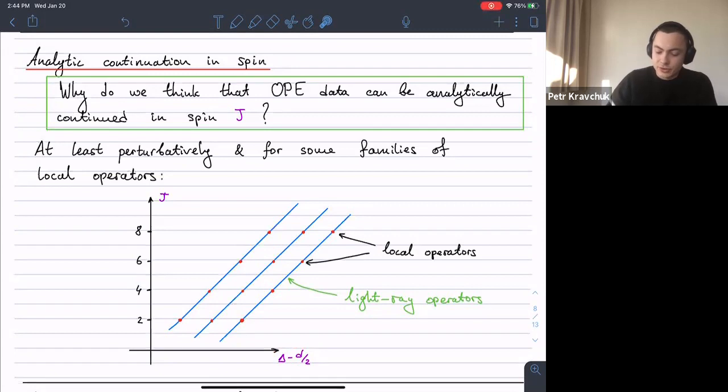But we can also write expressions for some non-local operators which interpolate between these operators, and they have non-integer values of spin and similar values of dimension, and they are the things that dominate the Regge limit.